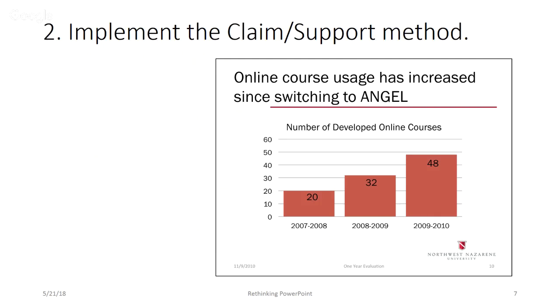So in this kind of method, what you want to do on a slide is, rather than have a topic and a bunch of bullet points, which PowerPoint tends to guide us into by the way that it's designed, instead make a claim of some sort about what you're trying to get across on a given slide.